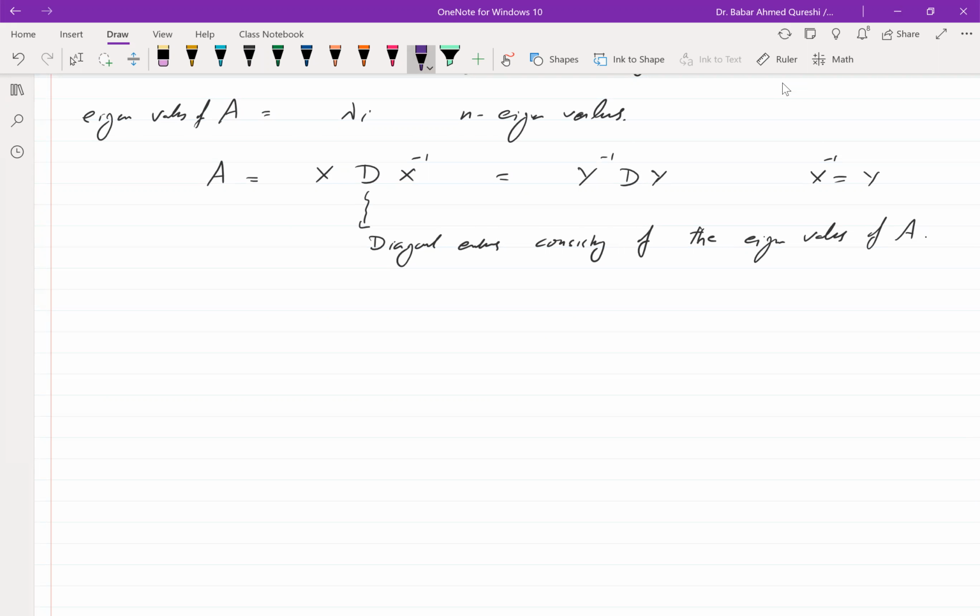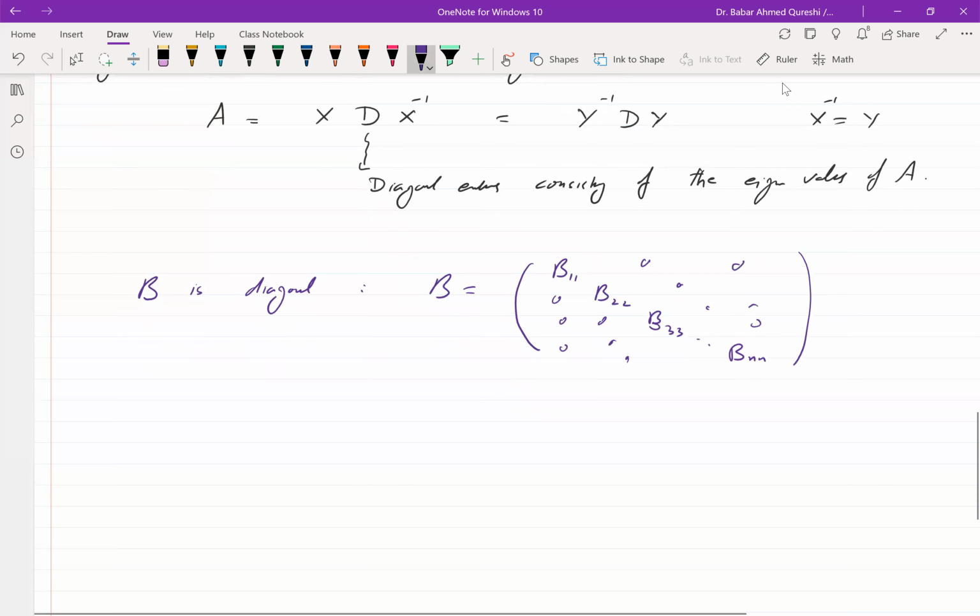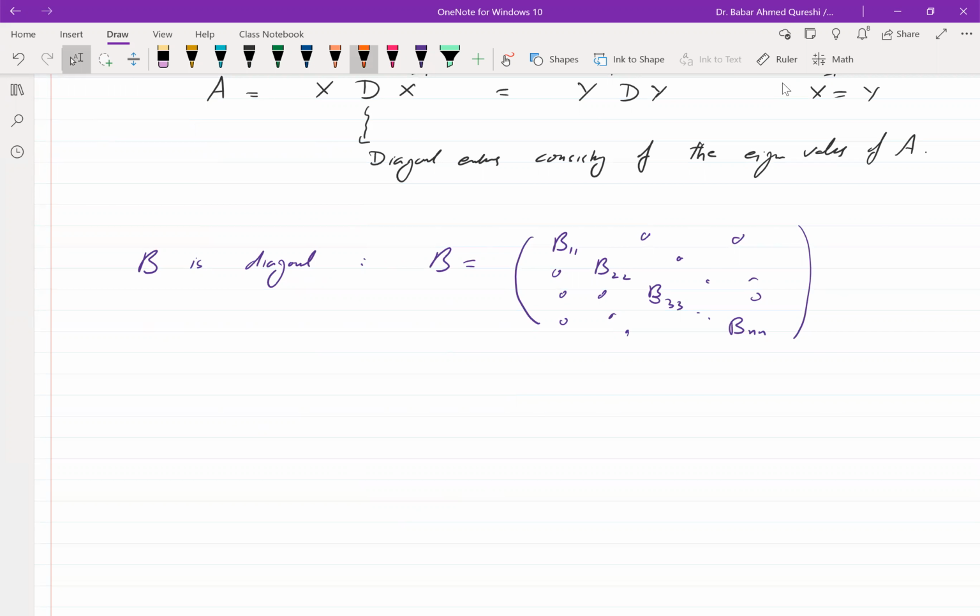By the way, if you have a diagonal matrix, any diagonal matrix, let's say B is diagonal, let's say B looks like this, B11, B22, B33, up to Bnn, and all others are 0. If I find the eigenvalues of such a diagonal matrix, what do I get?